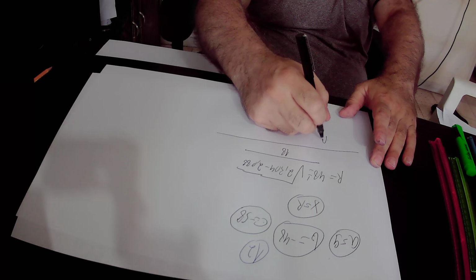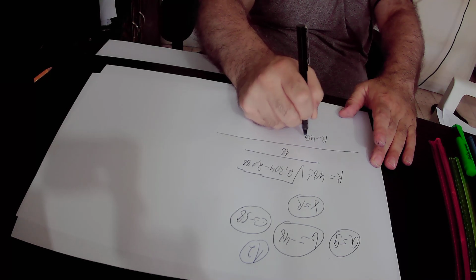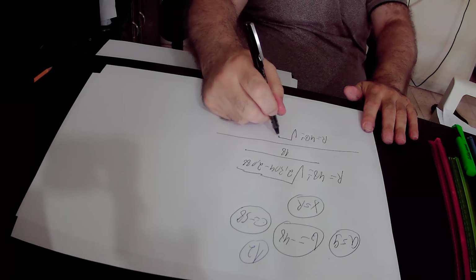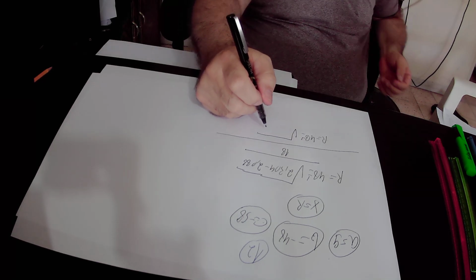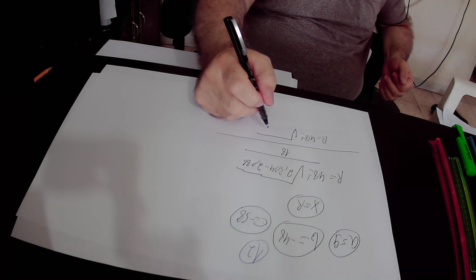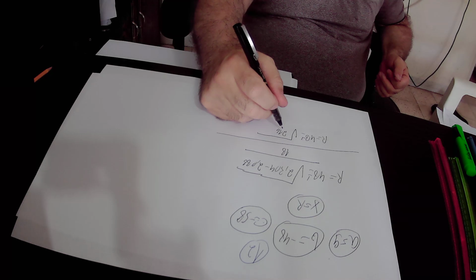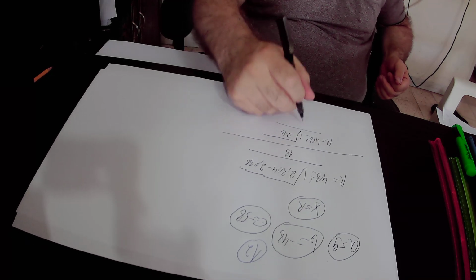So here we get that R equals 48 plus or minus the square root of 2304 minus 2088, which is 216, over 18.